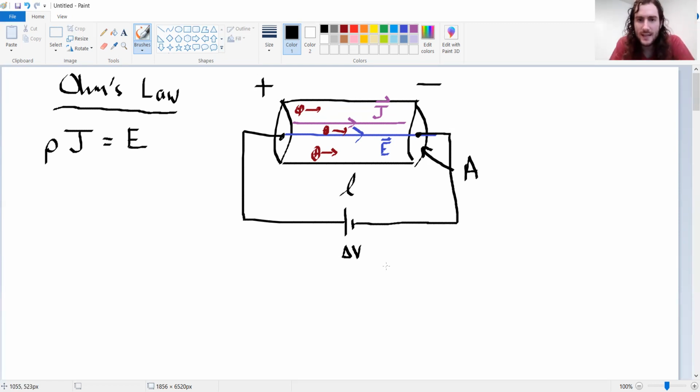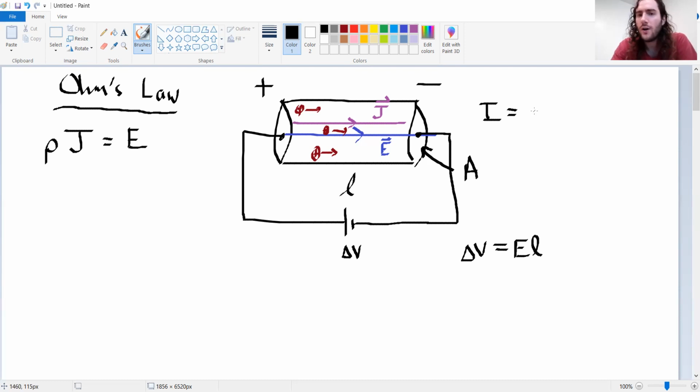If the current density there is constant and the electric field is constant, then we know that we can write delta V as E times L. And the current density is connected to the current in the following way.